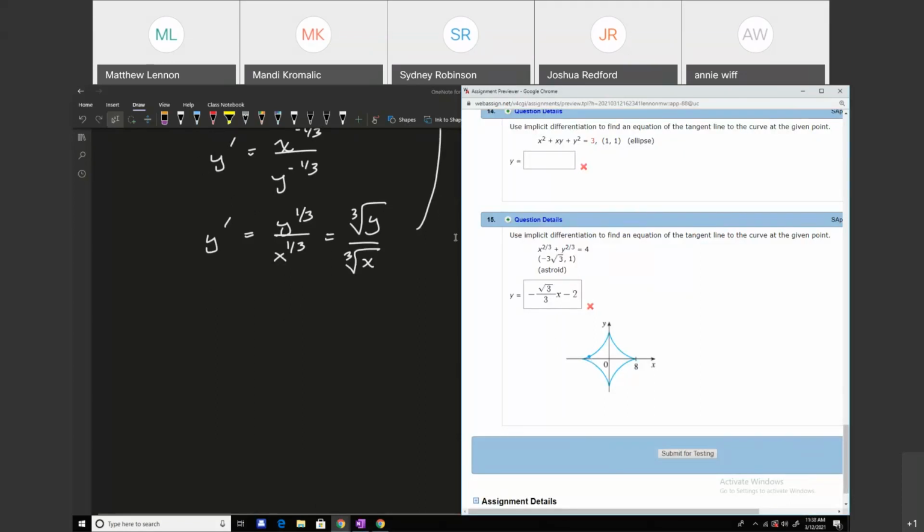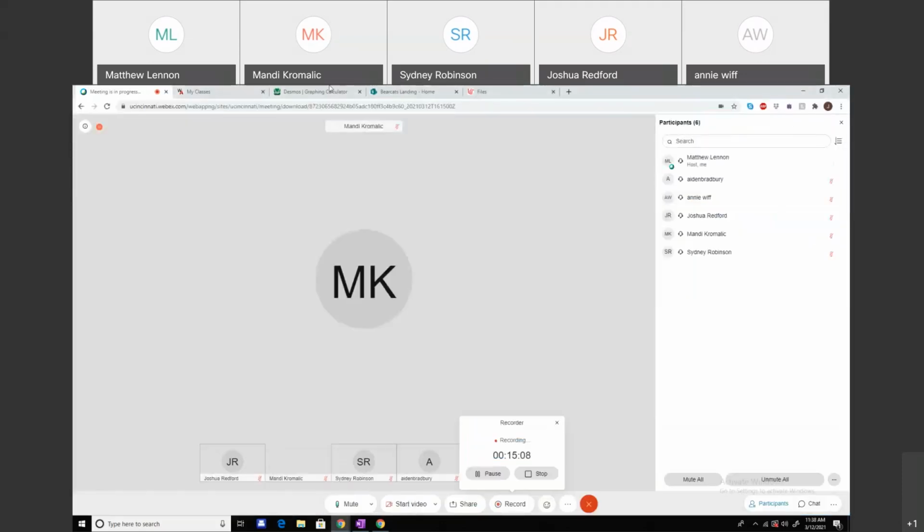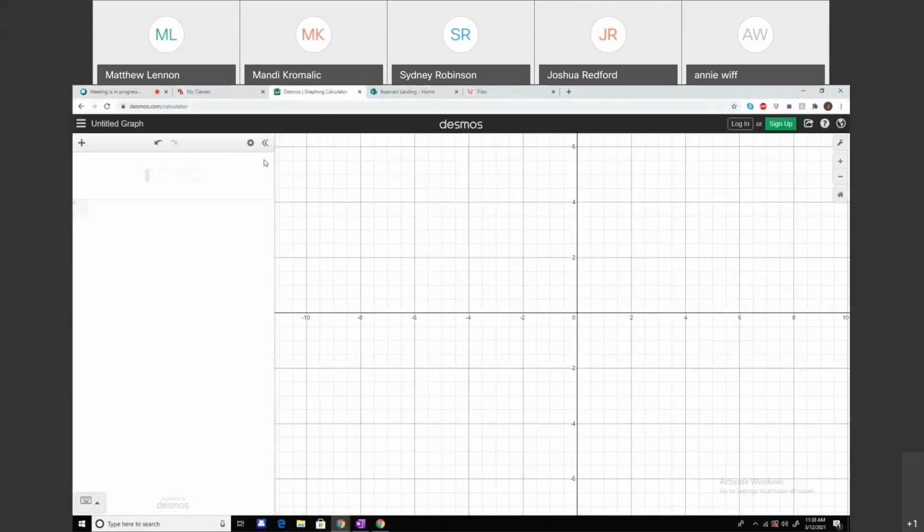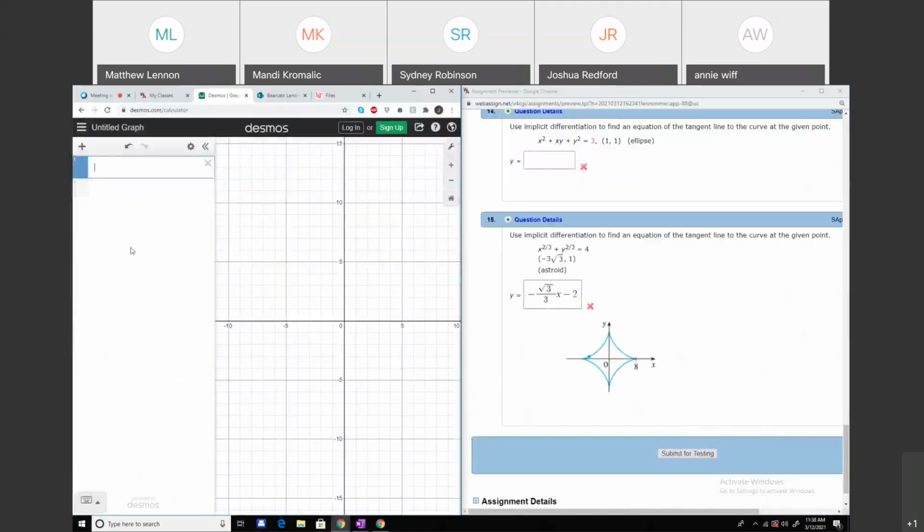Let's see if the graph is horribly wrong. If the graph is horribly wrong, then that's further evidence that we did something bad. So our equation, this asteroid equation, is x to the 2/3 plus y to the 2/3.